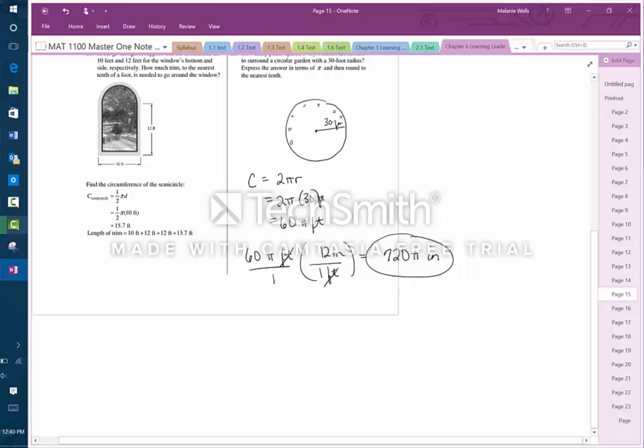Now, if we take pi as 3.14, that would be 2,260.8. We're going to divide it by every 6 inches, which gives me 377. Remember, you're rounding to the nearest tenth, but also you want to know how many plants, so it needs to be a whole number of plants. So 377 plants that it would take to surround the circle every 6 inches.